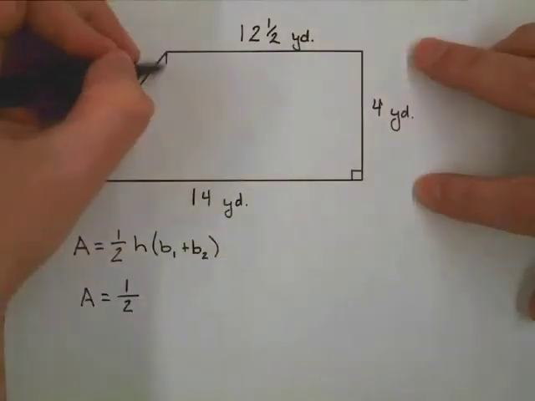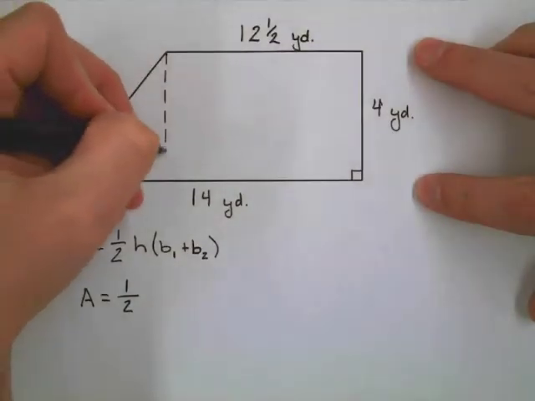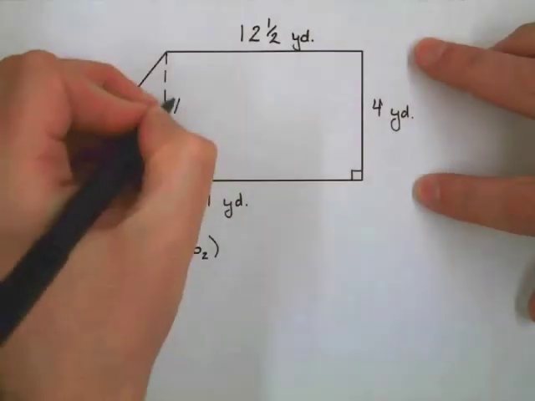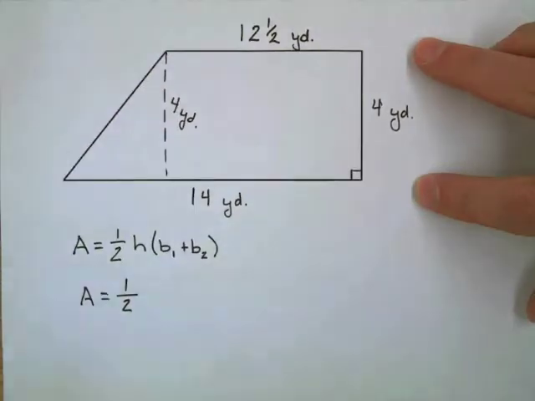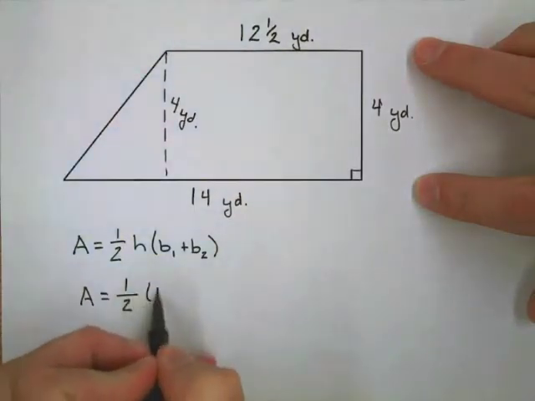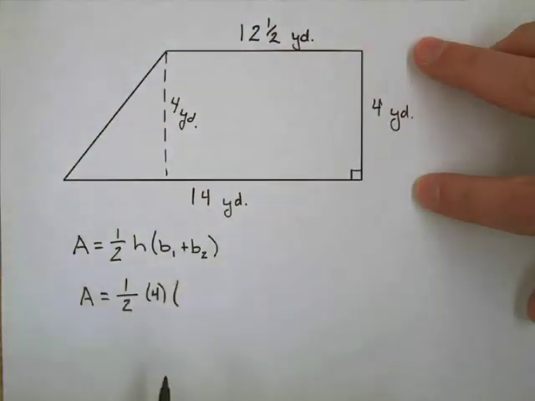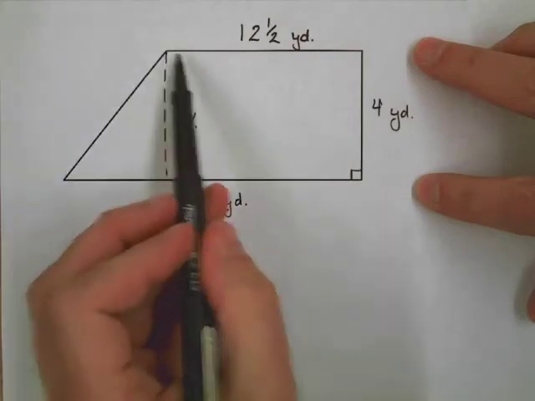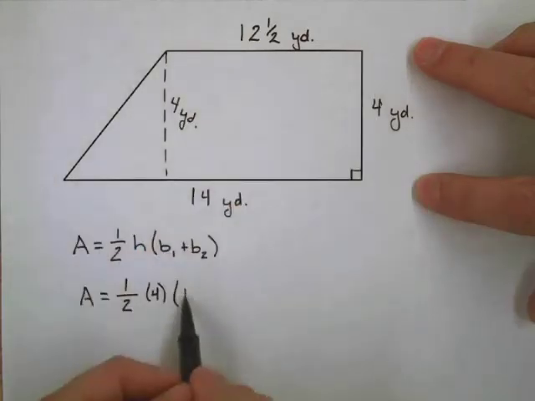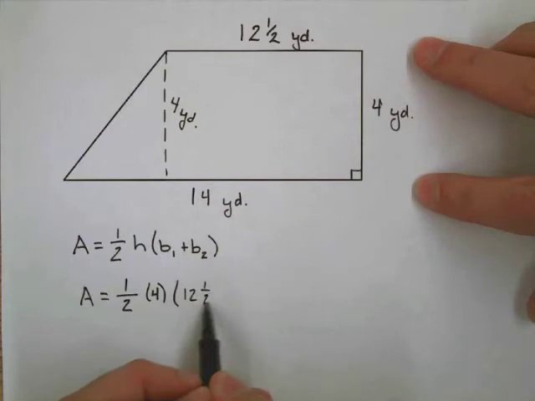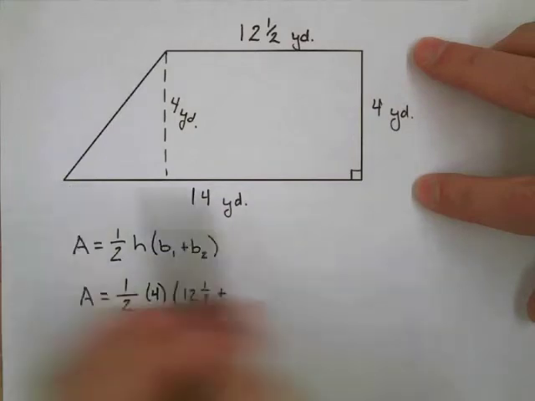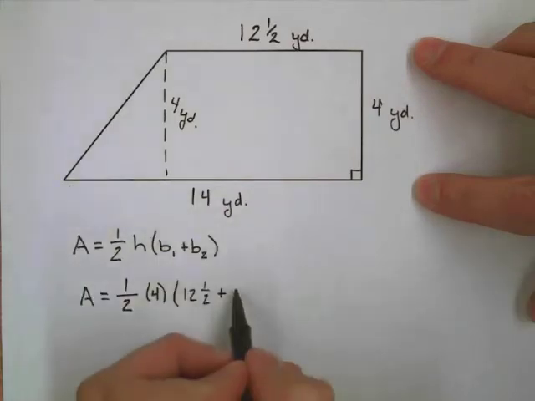But it would be the same as this over here. This would also be 4 yards. So I can use that height and say that's 4. Base 1 is this base right up here. That's 12.5 yards. Plus base 2, which is this base down here, which is 14.